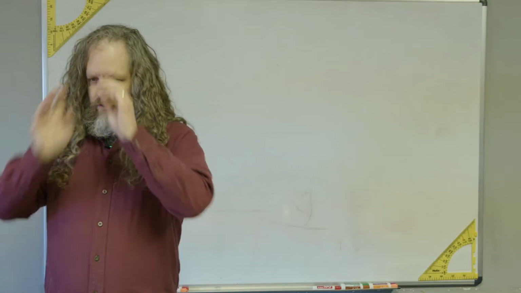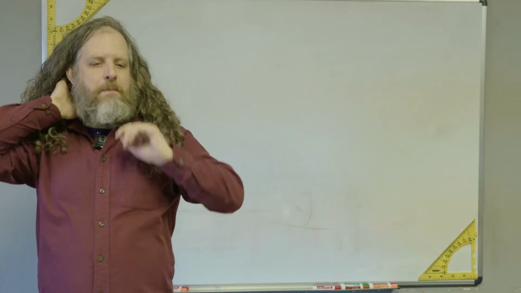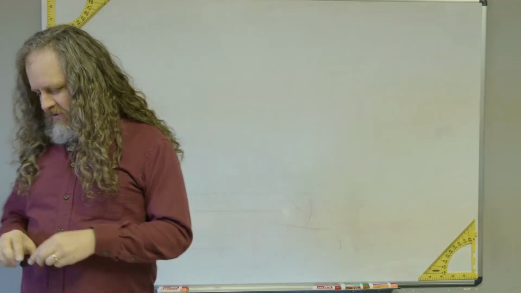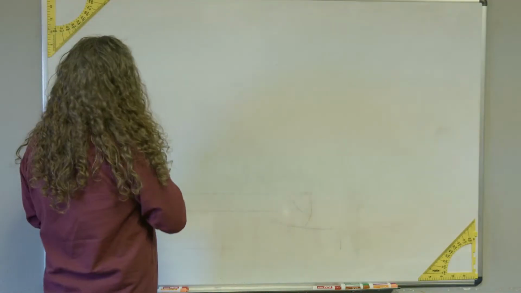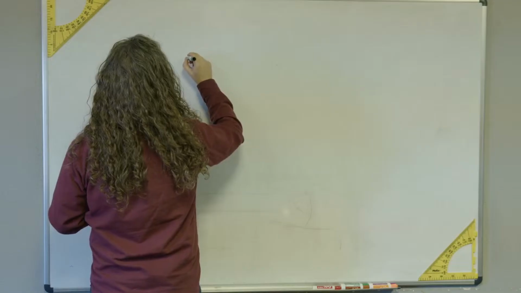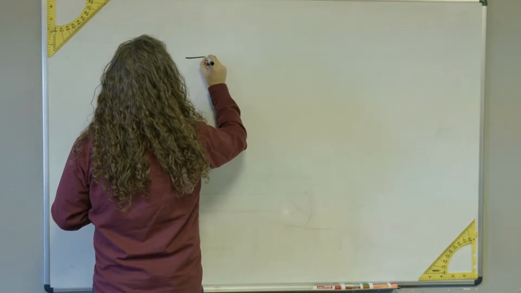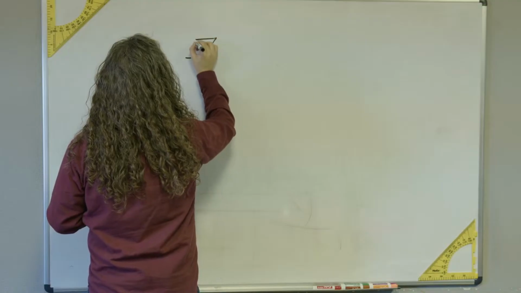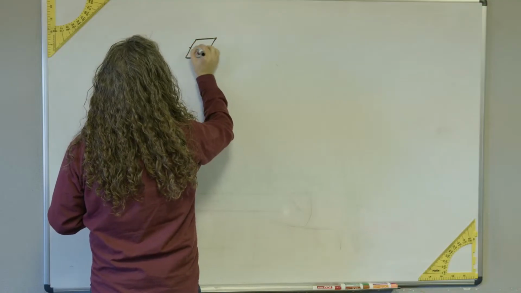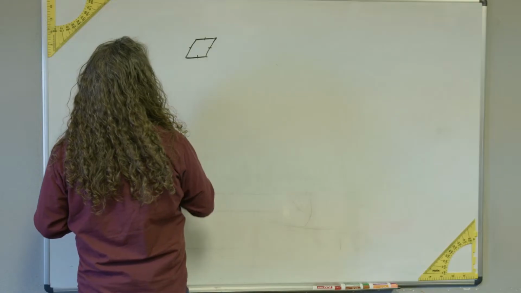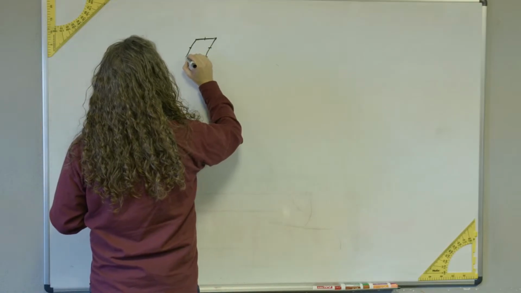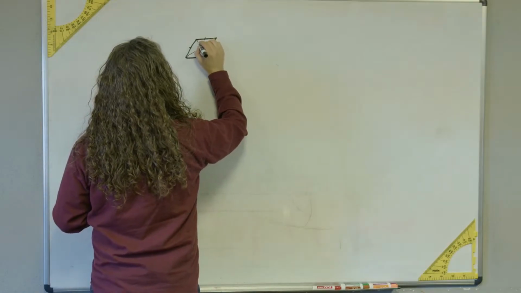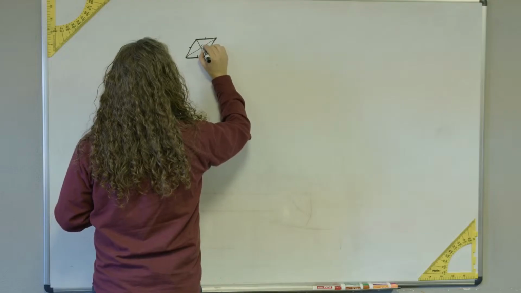So the first one is, if a parallelogram is a rhombus, then its diagonals are perpendicular. So if we have a rhombus like this, it has diagonals that are perpendicular.